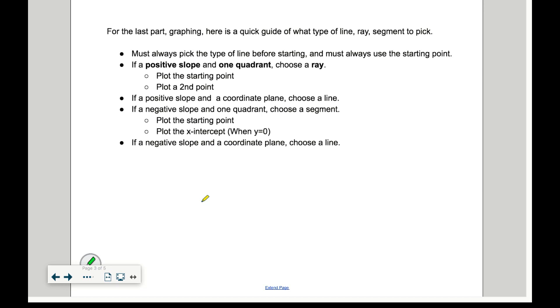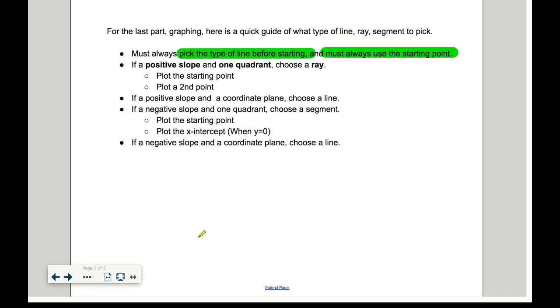So as I mentioned in the last example about the last part with graphing, some of the things that I wrote there, well, this here puts it all together for you as well. So remember, when you get to the graphing part, you must always pick the type of line before you start, and you must always use the starting point. So you have to always plot that starting point.